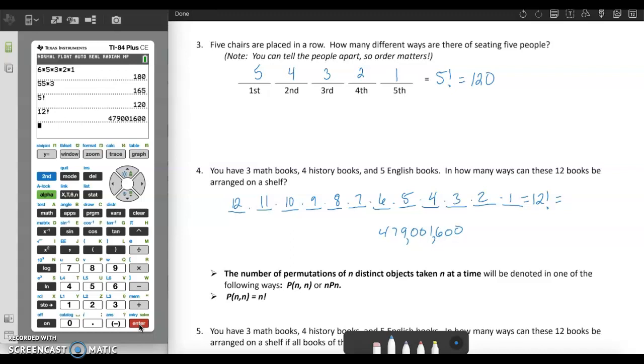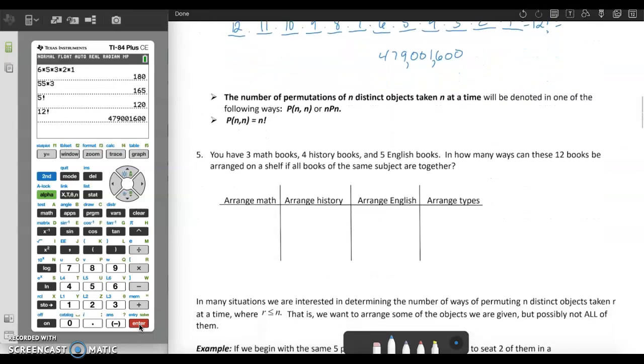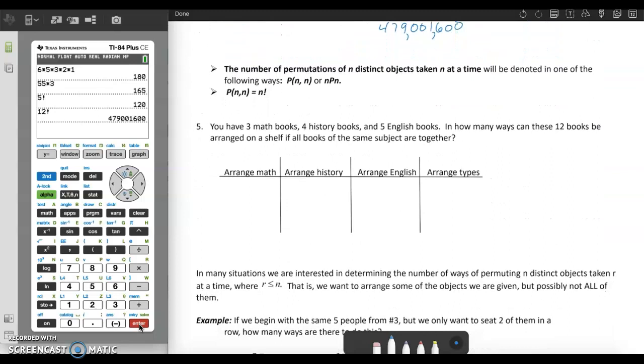So what this leads us to is this permutation rule, which is that the number of permutations of n distinct objects taken n at a time can be denoted in two different ways, depending on, or there's probably more than this as well, but these are the two most common ways you'll see this maybe in online videos and in textbooks. So it's either P(n, n) or nPn.